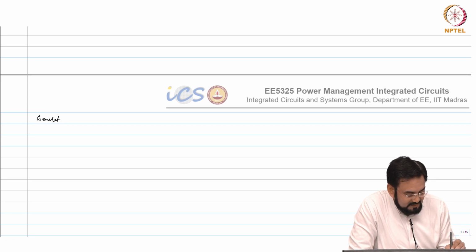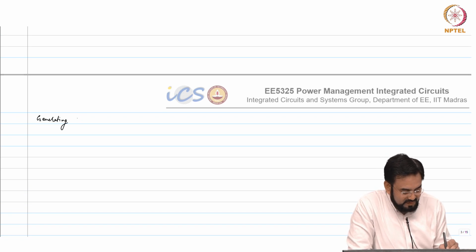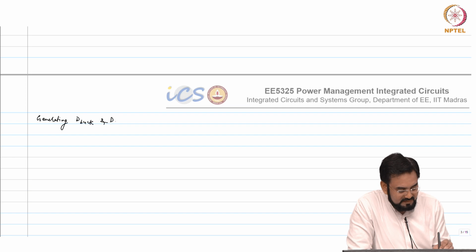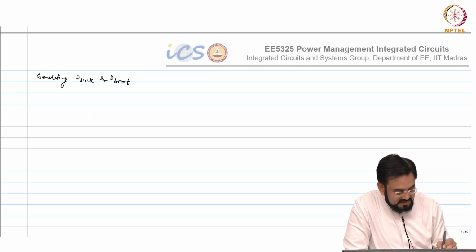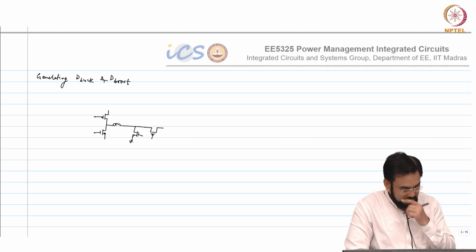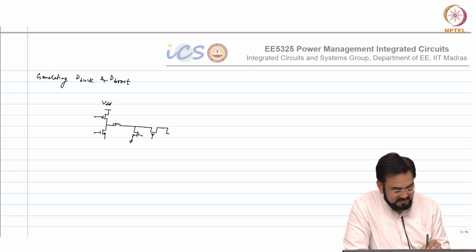Generating debug and deboost. So let's say this is my... then, okay, this is your VDD and this is your Vout.